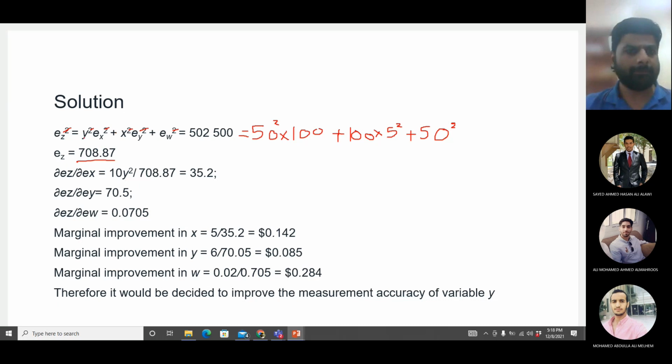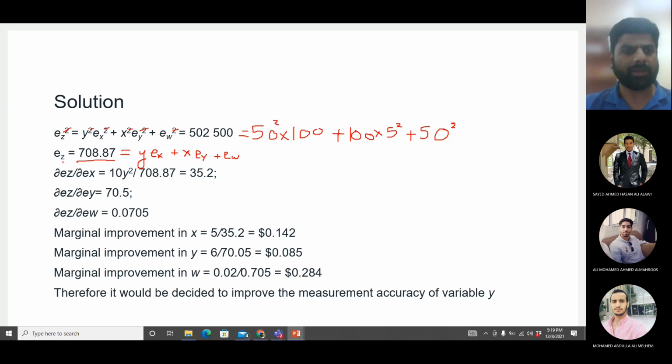Okay, and all these terms become 0. So the equation of EZ is Y EX plus X EY plus EW. I removed the square from all of them, so it becomes the equation for EZ.